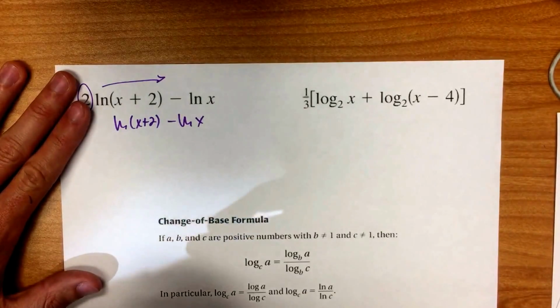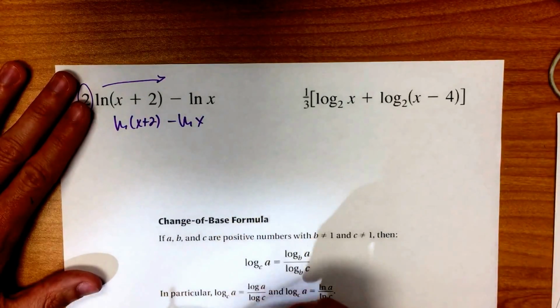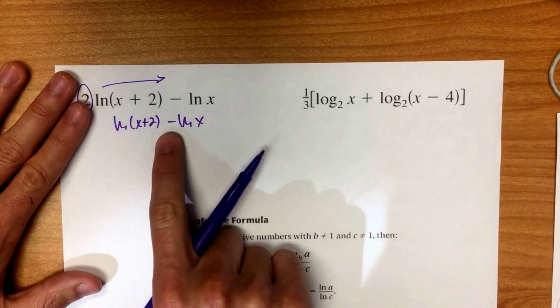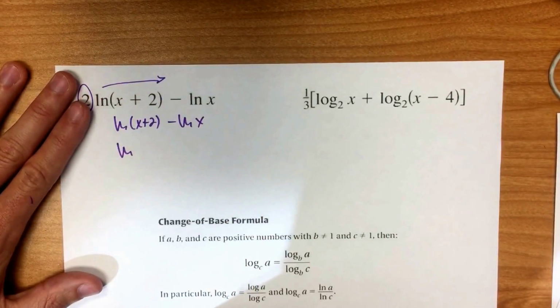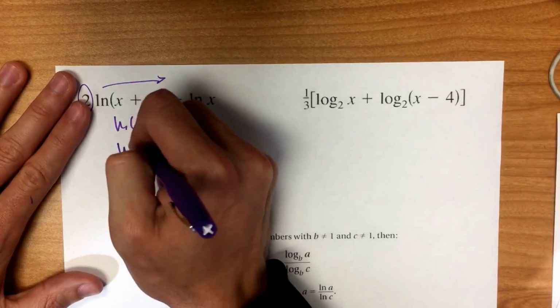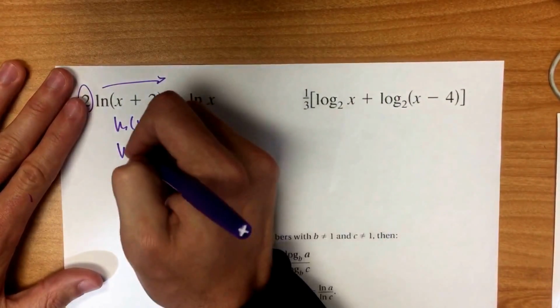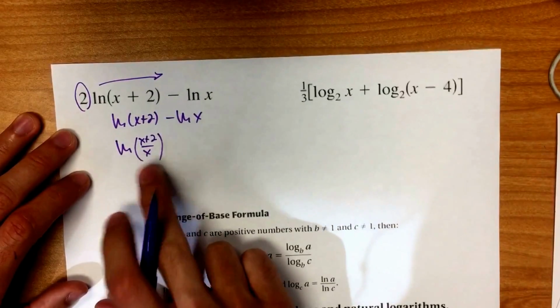So here's how the correct answer is written, and then I'm going to show you some mistakes students make, and I'm going to X them out so you know not to do these things. This is how the answer should be written. If I do one natural log, I take the inside pieces and they are written as a fraction. x plus 2 on the top and x in the denominator. You can even put parentheses around the inside if you'd like. This one is the correct one.